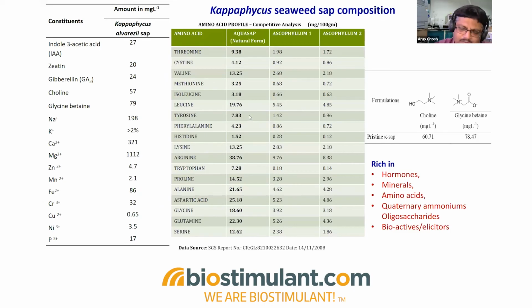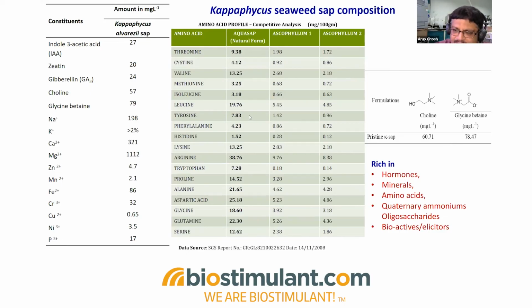Now, coming to the last part of my talk, which I will try to cover in a short period of time: what is in the biostimulants because of which we get such a beneficial response.